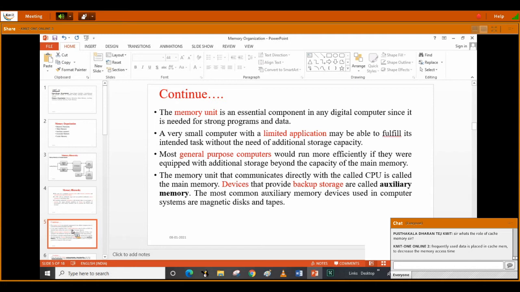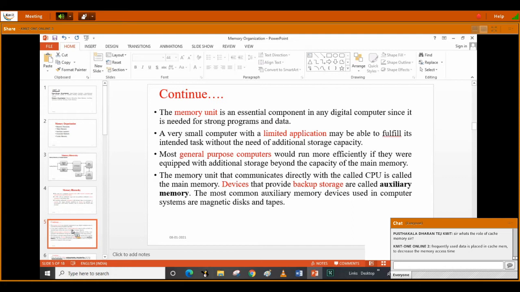A small computer with a limited application may be able to fulfill its intended task without the need of additional storage capacity. Most general purpose computers would run more efficiently if they were equipped with additional storage beyond the capacity of the main memory.